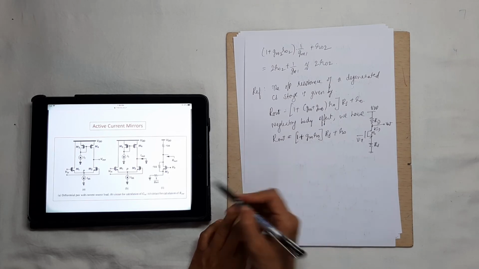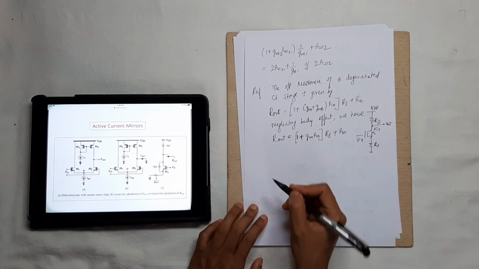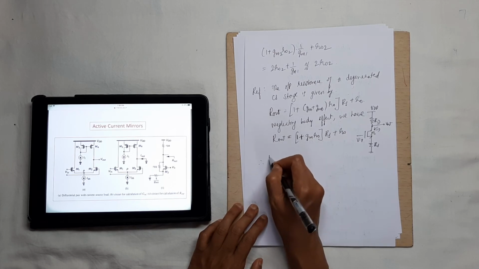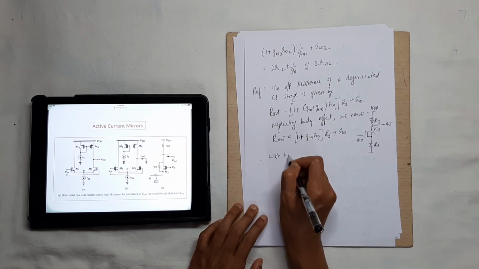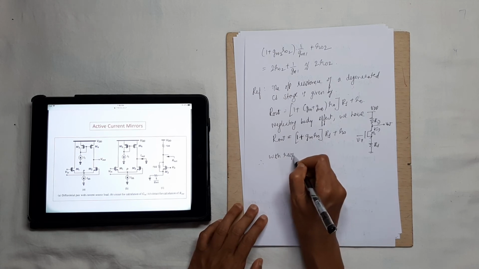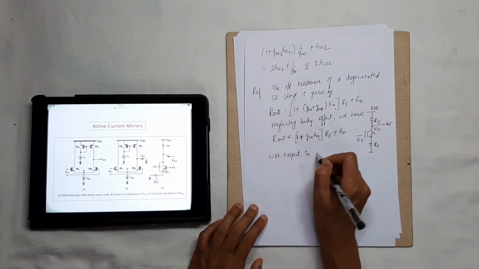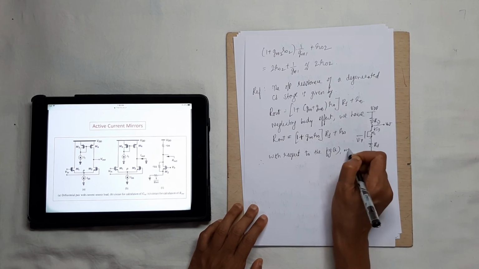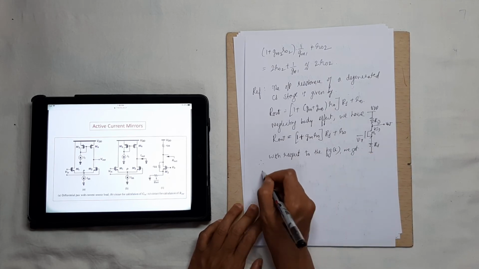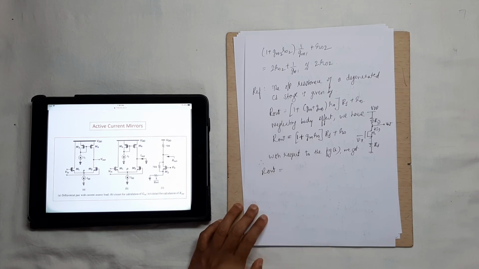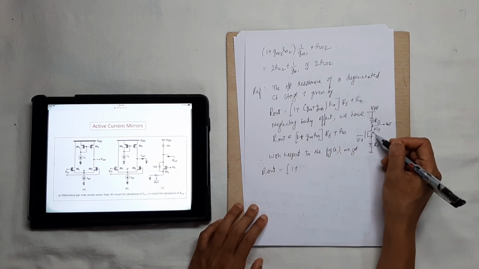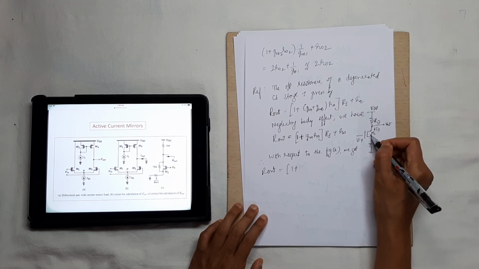Now we will use the same equation with respect to this circuit. Therefore, with respect to figure C, we get R out equal to 1 plus GM RO for this particular transistor.